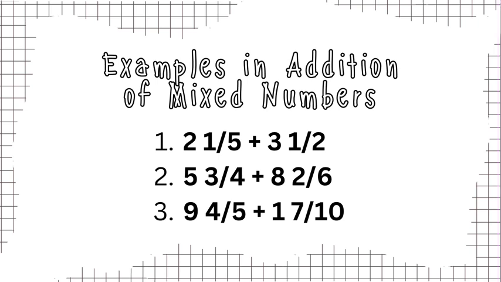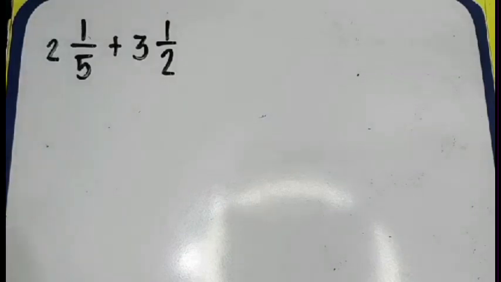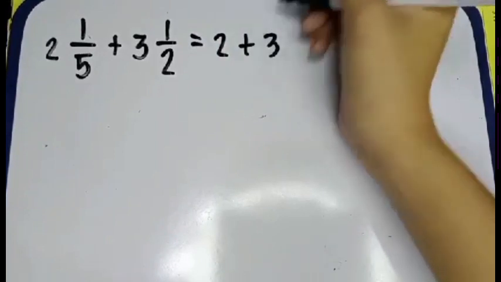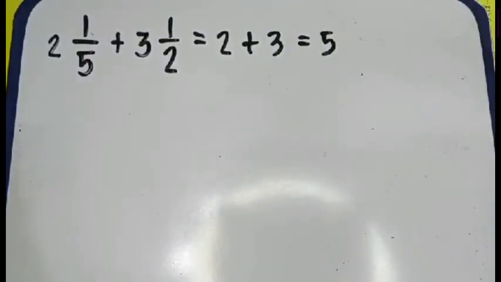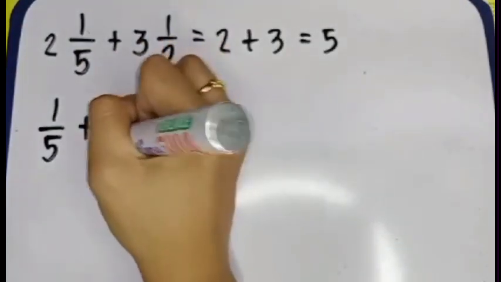And for the last examples in additions is the mixed numbers. For our first example, we have 2 and 1/5 plus 3 and 1/2. So first, let's add the whole number, which is 2 plus 3. 2 plus 3 is equal to 5. Then next, let's add naman both fraction, which is 1/5 plus 1/2.